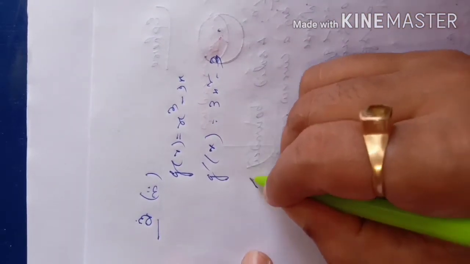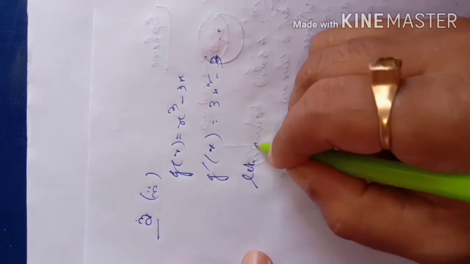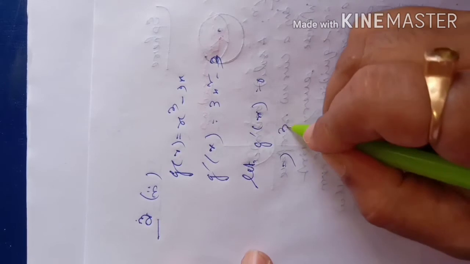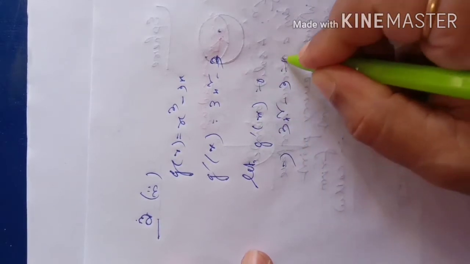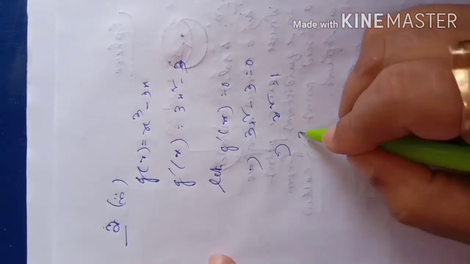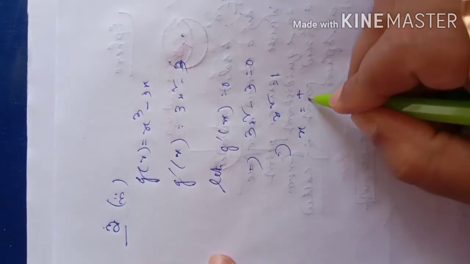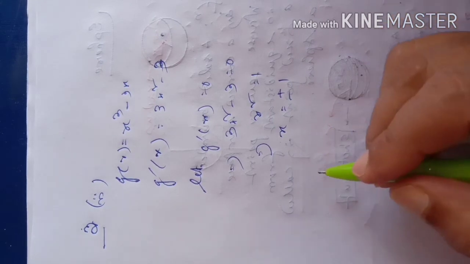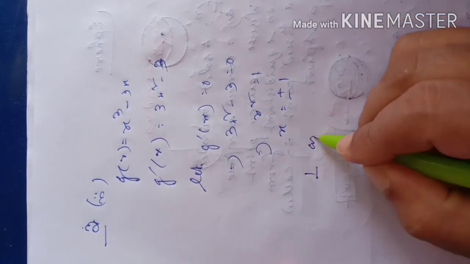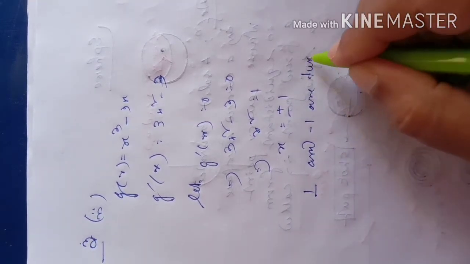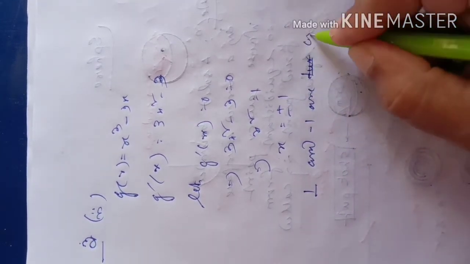So let g dash x be equal to 0. Then we get 3x square minus 3 equal to 0. From here x square equal to 1, that means x is equal to plus minus 1. So there are two critical points: plus 1 and minus 1 are turning points, or critical points.